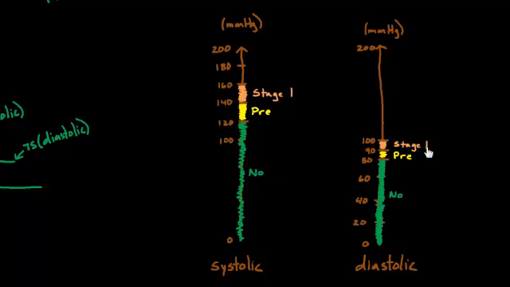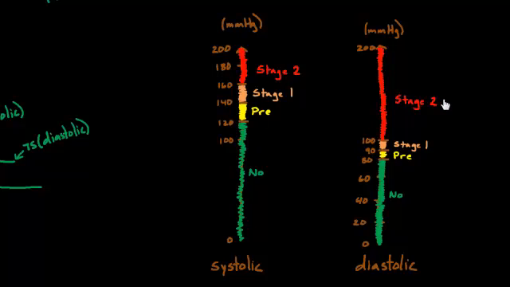And now if you have something above 160 for your systolic blood pressure, so I'll just say above 160, and that means even higher than 200. So if let's say you have 201, that would be stage 2. So you can see that the higher you go, the higher your stage number. And the same is true on this side. So let's say you have a really high diastolic blood pressure, well above 100, you'd have stage 2 hypertension, all the way down there. So this is stage 2.